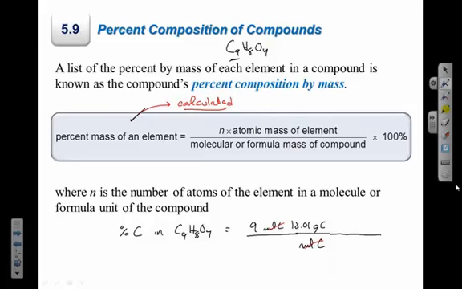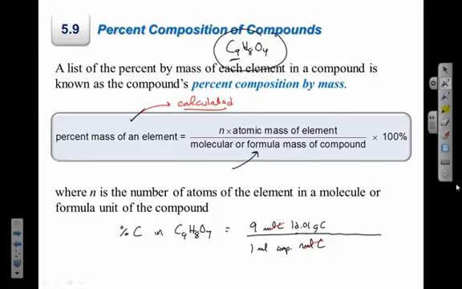And then I'm going to divide that by the total mass. So there are 9 moles of carbon in every 1 mole of the compound. And the compound is everything.